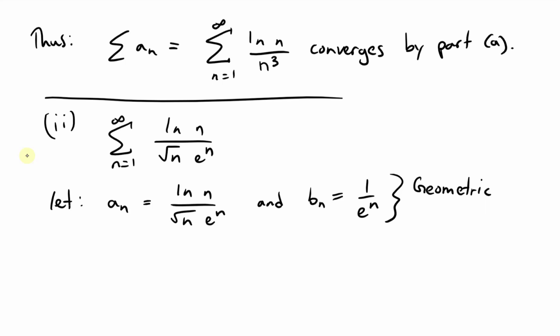So it's a geometric series right here. I'll just write my hunch down and prove it after. So geometric series with r equals 1 over e, which is less than 1. And so this is convergent. I'll prove this soon in more detail.